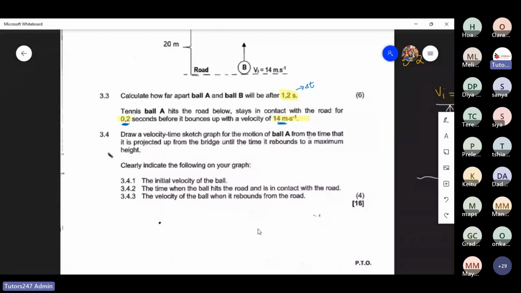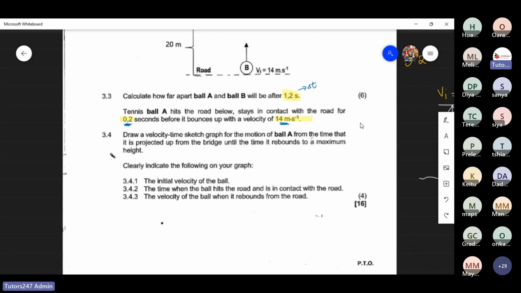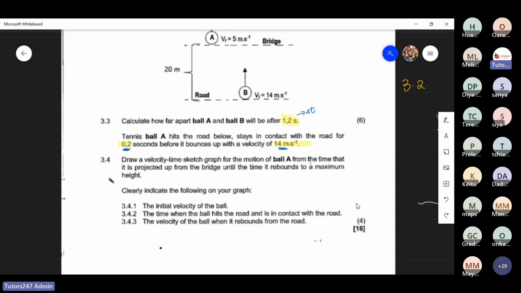Tennis ball A hits the ground below, stays in contact with the ground for 0.2 seconds before it bounces up with a velocity of 14 meters per second. So we are not given any information regarding ball B in question 3.3.